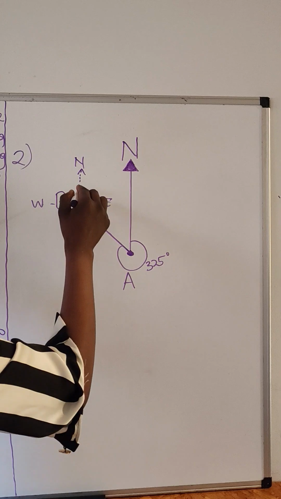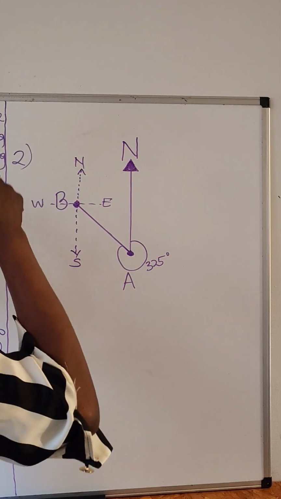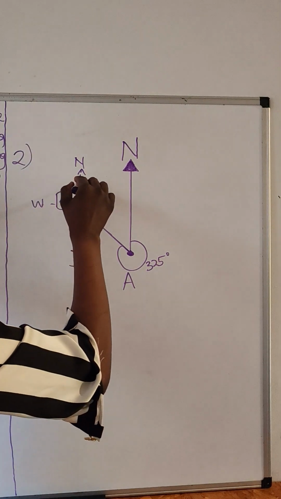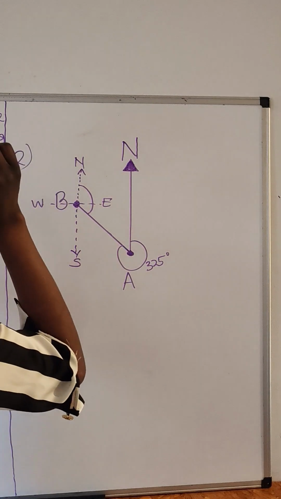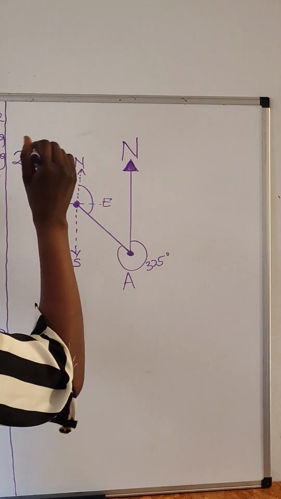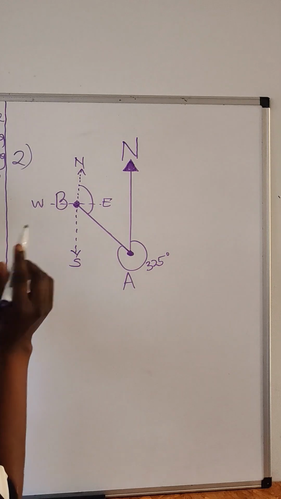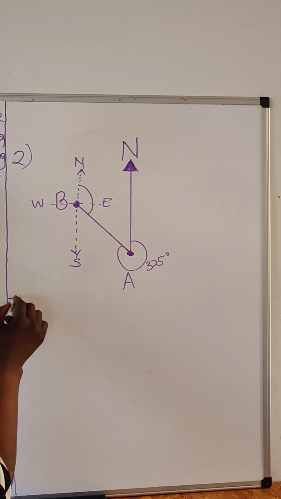So the bearing from B to A, let me just map it out. This is the bearing from B to A. That's what we are asked to calculate.